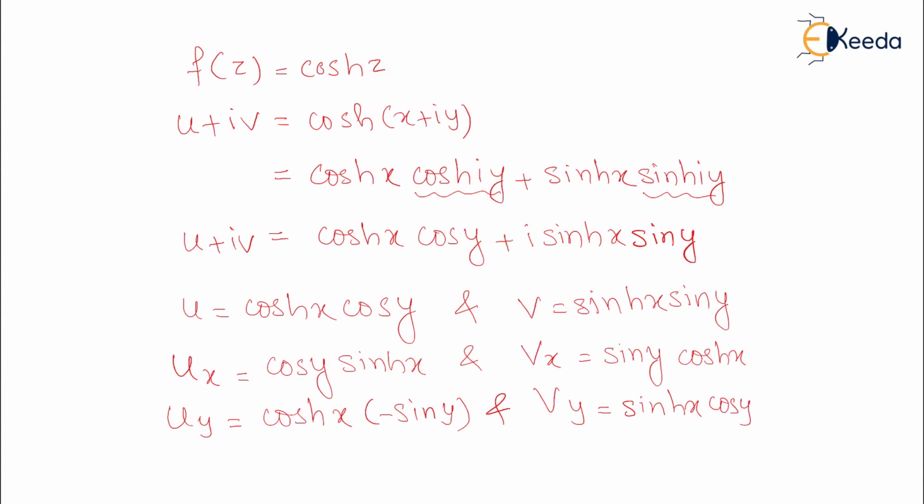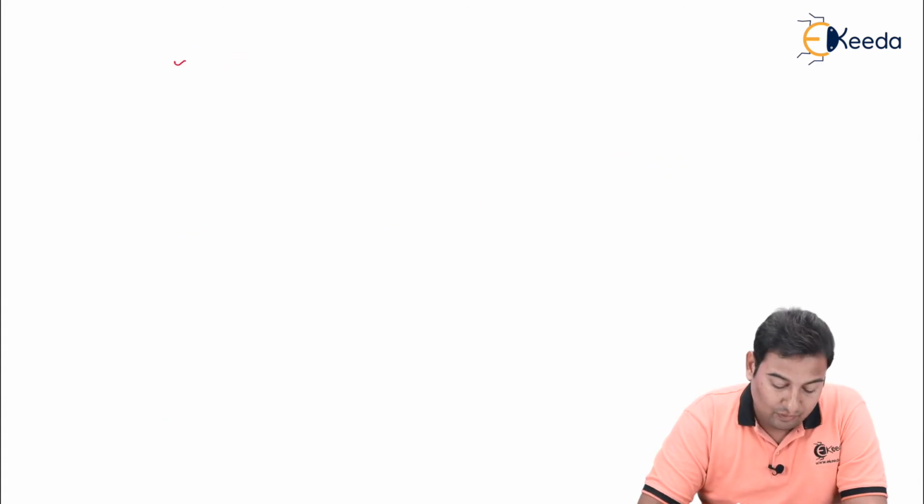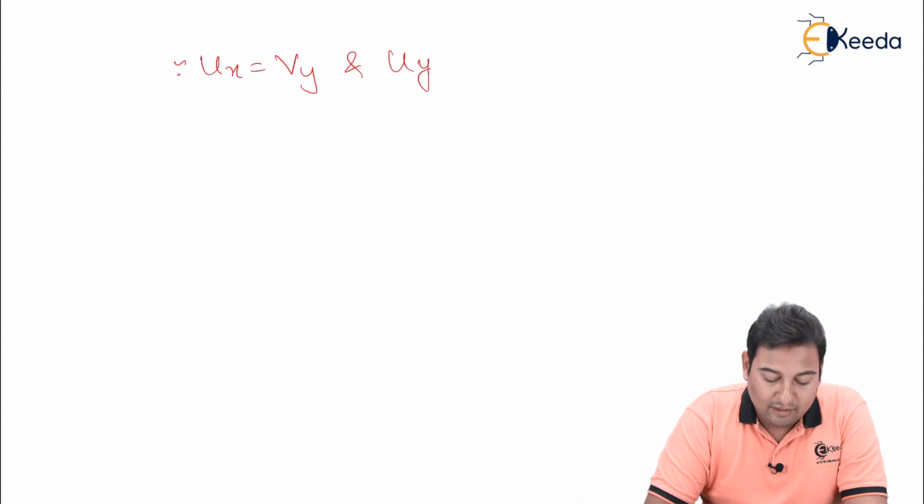Now friends, check. These two terms are equal and these two are opposite of each other. That means ux is equal to vy and uy is equal to minus vx. Therefore, the CR equations are satisfied.